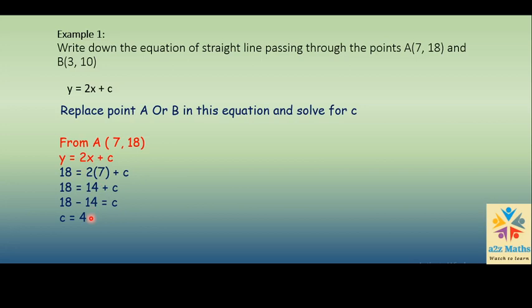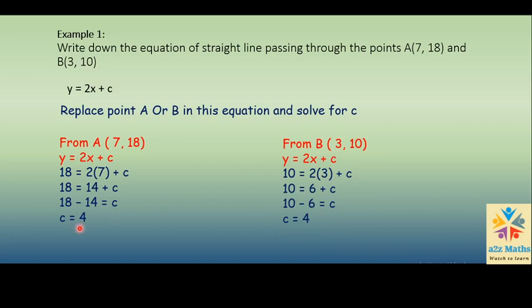Do you want to check for b? Check it. If you replace b in the equation you got and solve, you see the value is the same as you got in the first. So whatever point you use, either a or b, it will not affect the final value of the y-intercept.